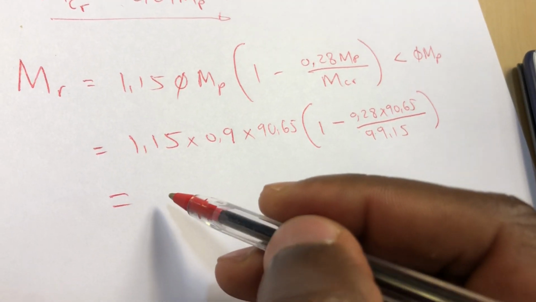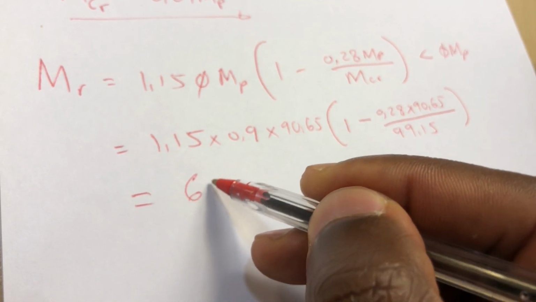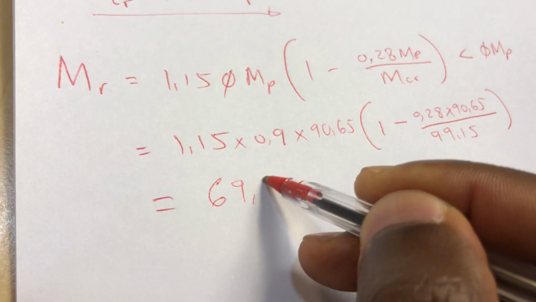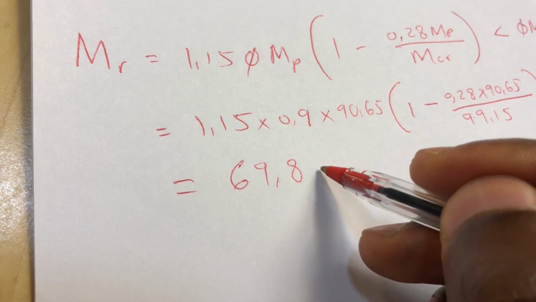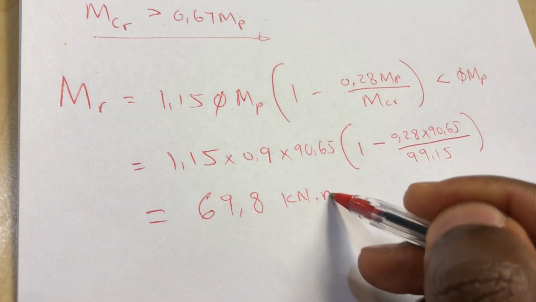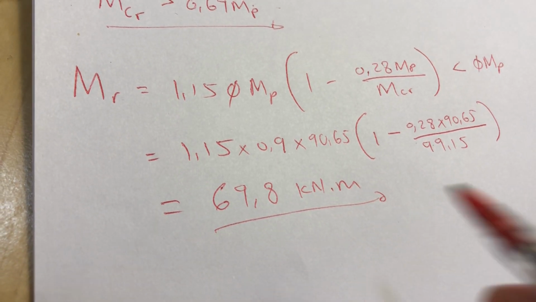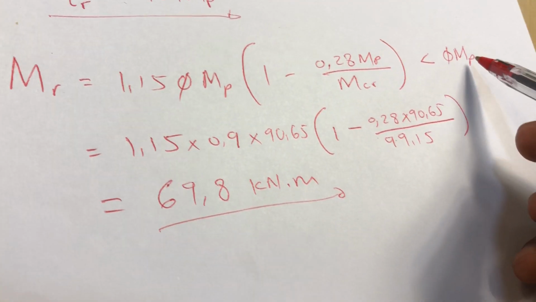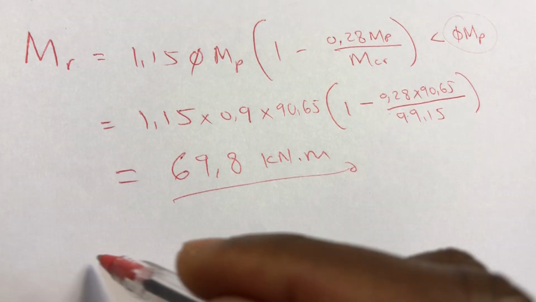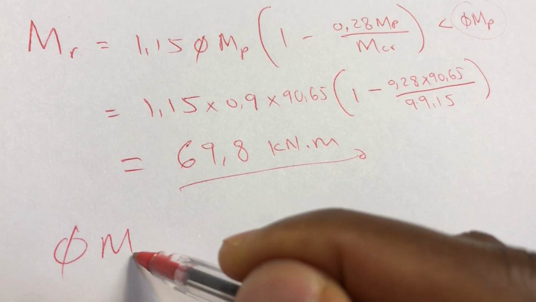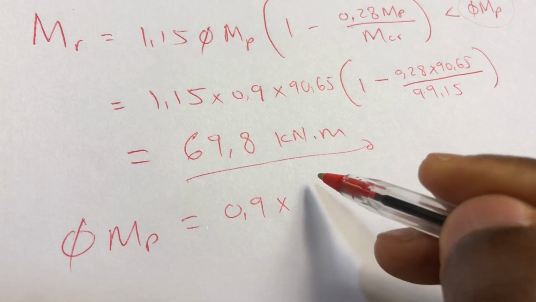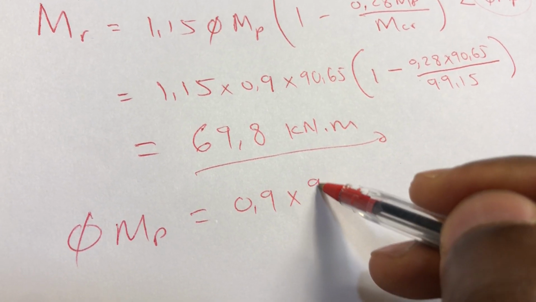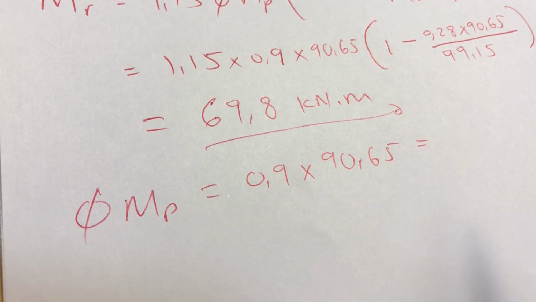Okay, so we get 69.8 kilonewton per meter. So now we have to check, is it less than our phi MP? Phi MP equals 0.9 times our MP, which is 90.65.